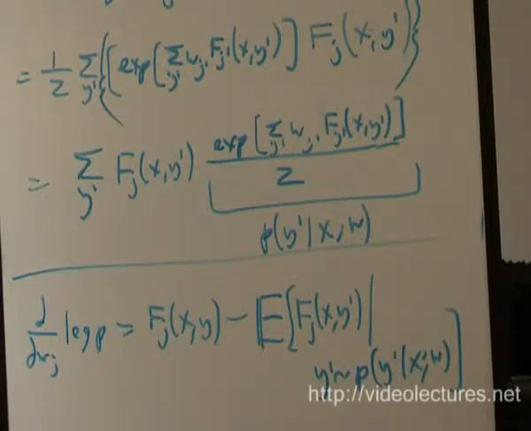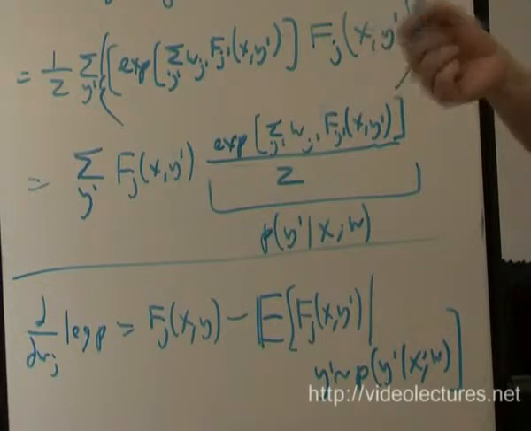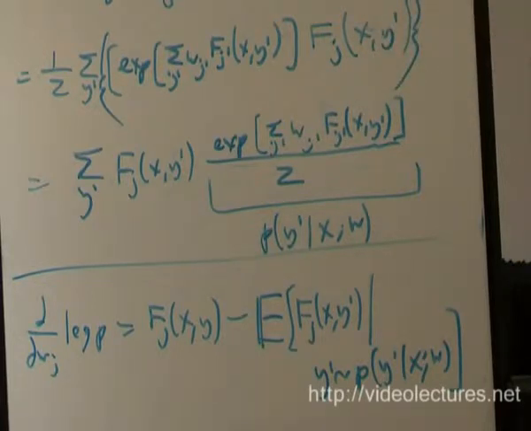So this result is related to the result I had for logistic regression, that the expected value of each feature, the empirical average, is equal to the average using the predictions from the model.